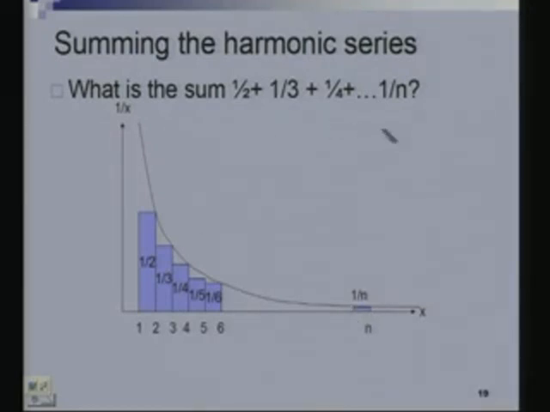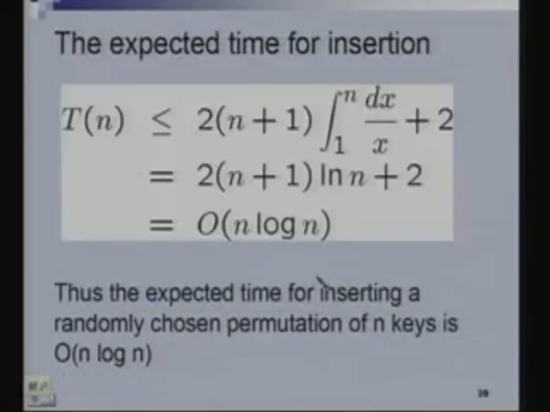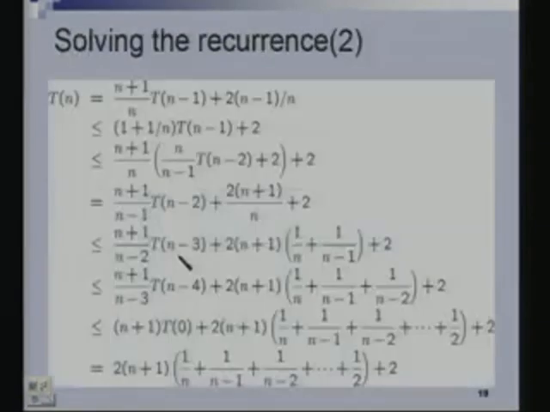So this sum is at most the area under the curve f(x) equals 1 by x, between the limits 1 through n. Right? Now recall what our T of n was. T of n was 2 times n plus 1 into this harmonic sum plus a 2.